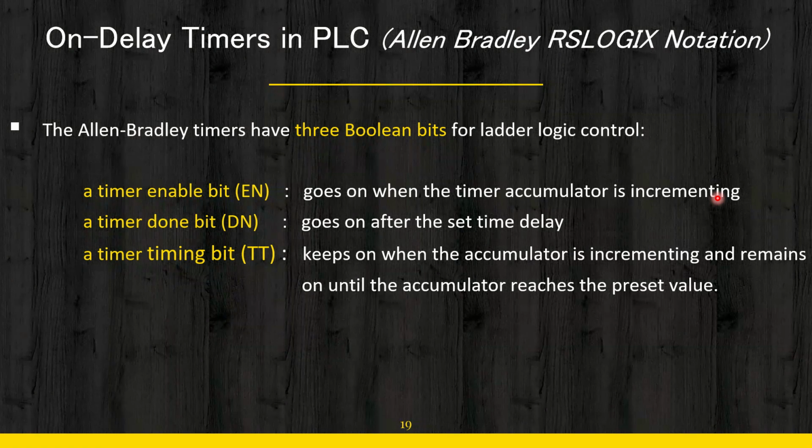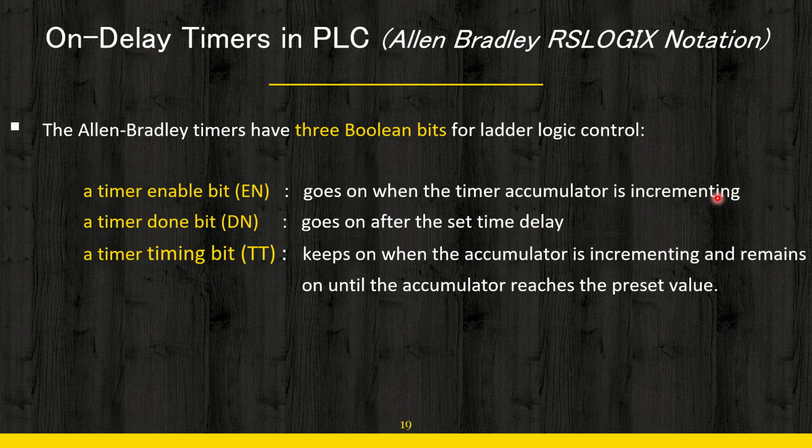At that condition, the timing value in the accumulator increases from 0 to 500. Now, from the moment the accumulator starts counting till the accumulator stops counting, your enable bit remains high.